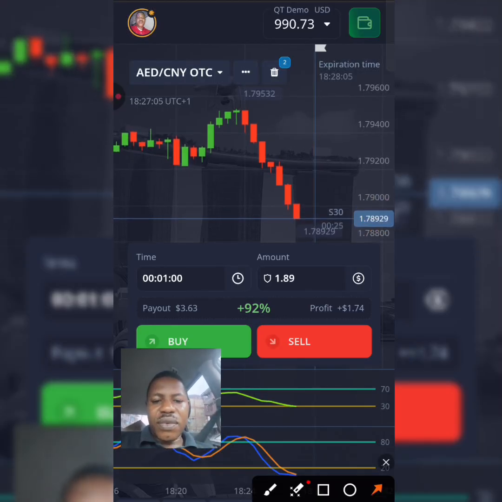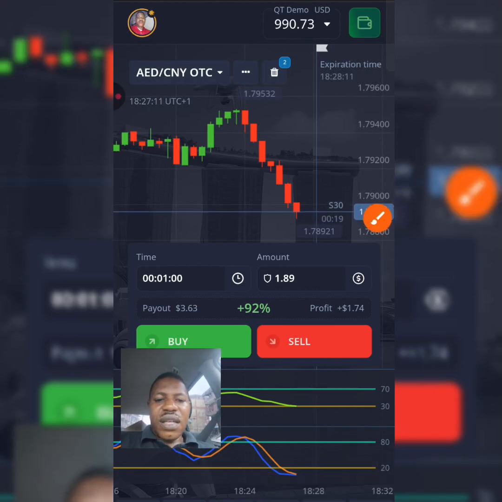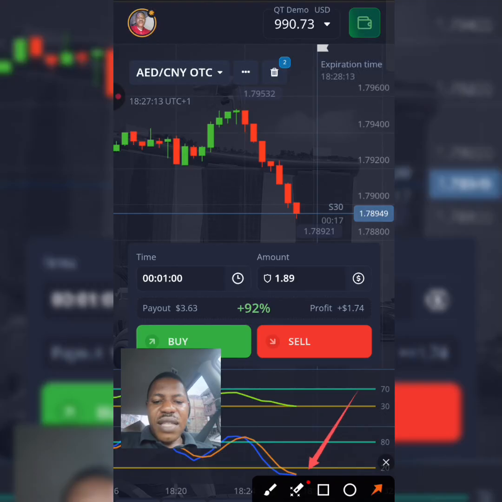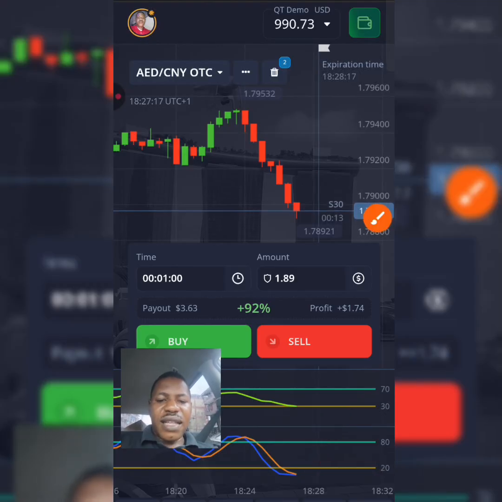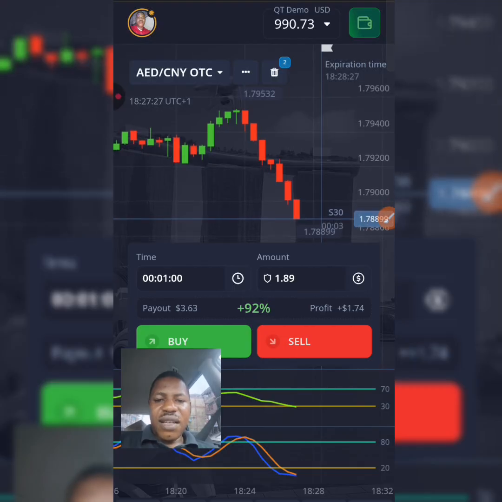watch what happened. The RSI is touching the 30 line, which is oversold. Then the stochastic is on oversold, and you can see that the line is about to cross. So at the close of this candle, I will take it to the upside. Remember, it is a reversal. Let's go.